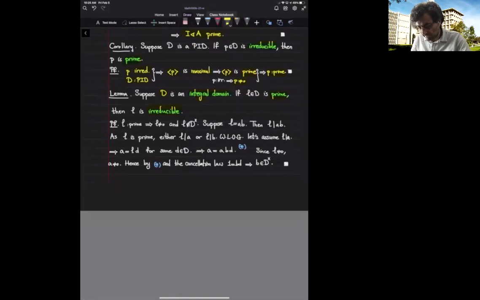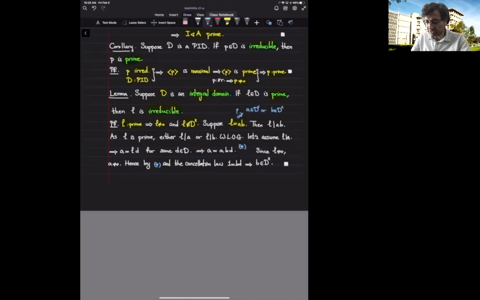So suppose an element is prime, that immediately tells me that it is not zero and it's not a unit. So I can focus on the more interesting part of being irreducible, meaning I write it as a product of two elements, and then I have to show one of them is a unit. So we need to say why either A is a unit or B is a unit.